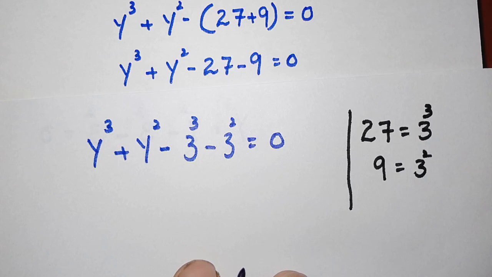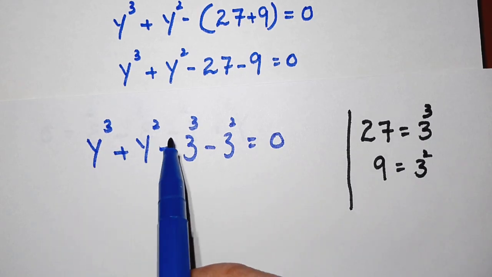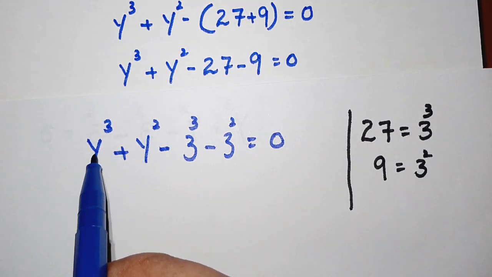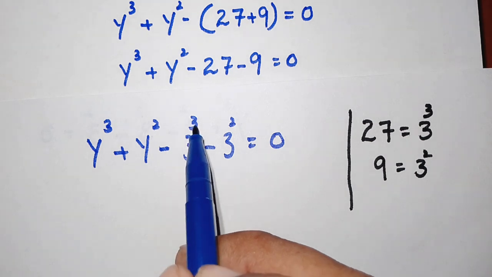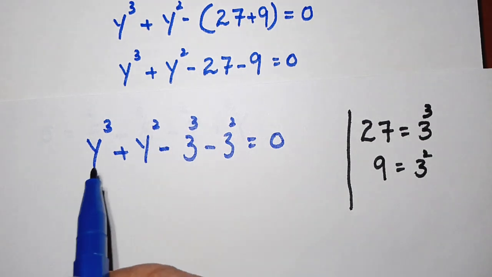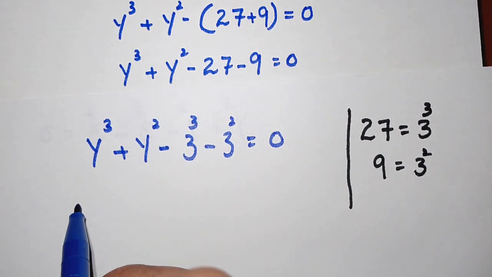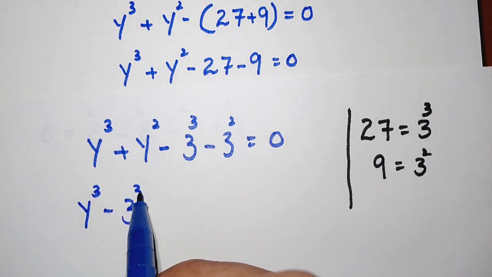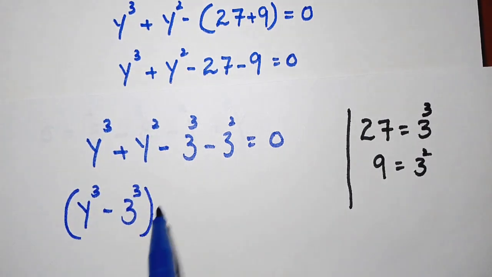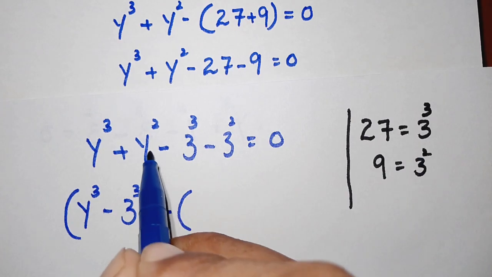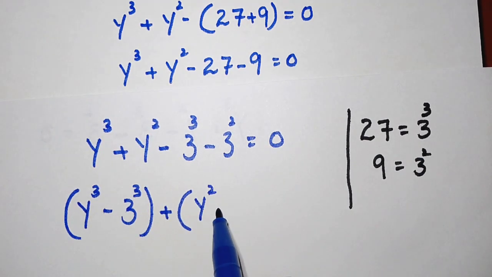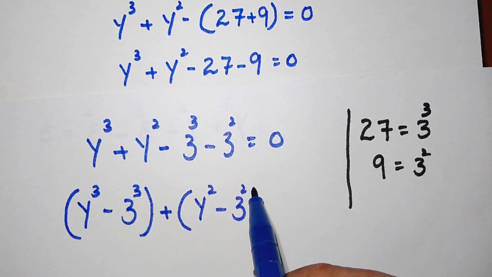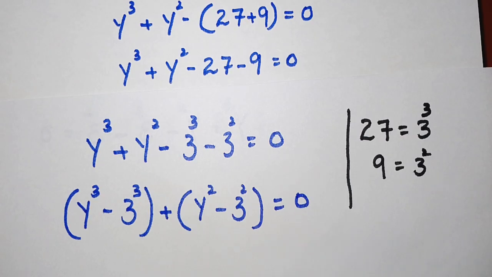Now in the next step, we have to combine the same powers: y to the power of 3 with 3 to the power of 3, and y square with the minus 3 square. So this will become (y to the power of 3 minus 3 to the power of 3) plus (y to the power of 2 minus 3 to the power of 2) is equal to 0.